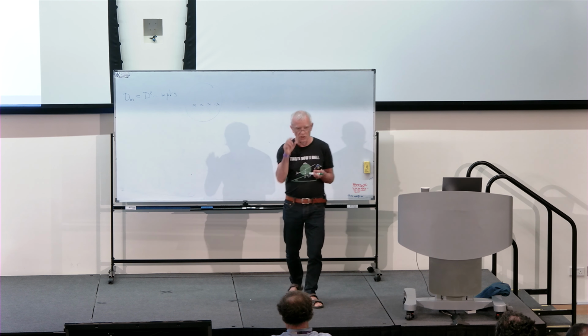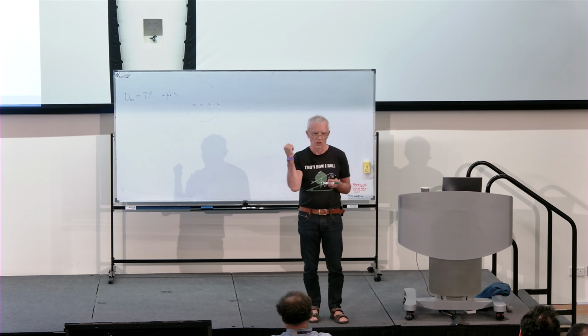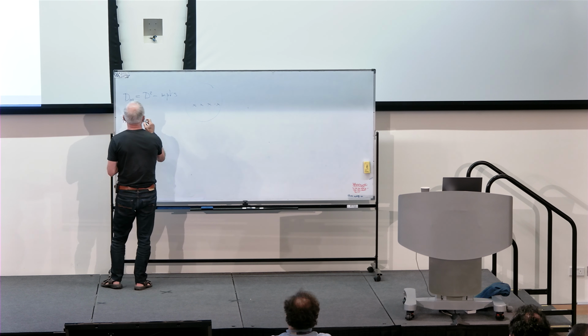So configuration is a finite set of distinct points inside this punctured disk. Then first pi1, so Bm, pi1 of D2.